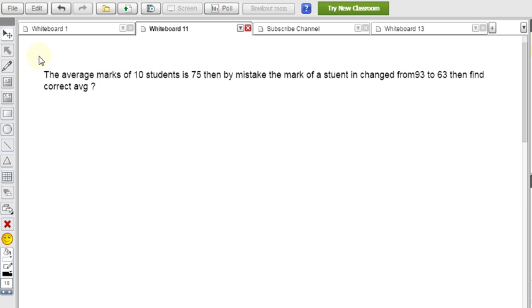Okay, see this problem. The average mark of 10 students is 75. This is by making some mistake. Actually one student was supposed to get 93, but they typed it as 63. This is wrongly typed, and this is actually correct.